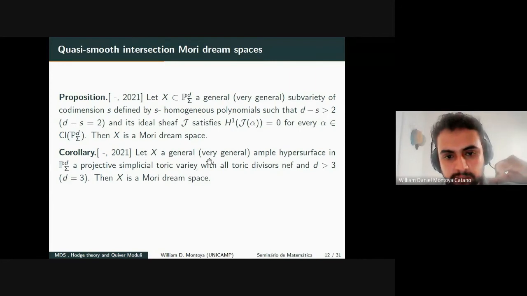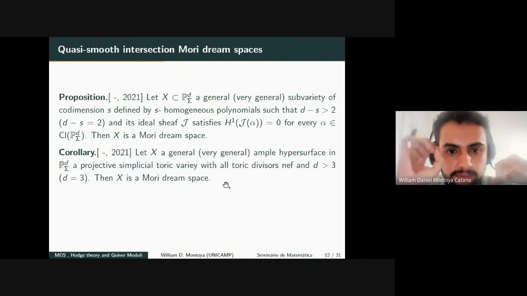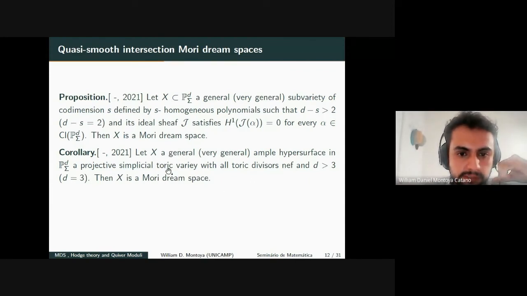And when it's a surface, of dimension 2, being very general also guarantees the same. That is a key point in the proof. This is the role of generality and very generality in the assumptions of the proposition and the corollary.